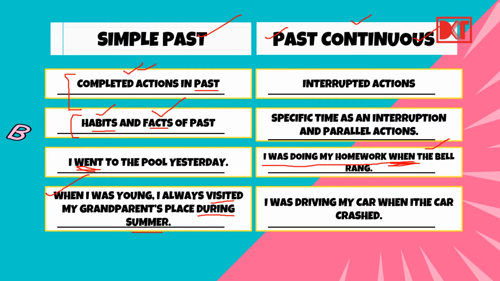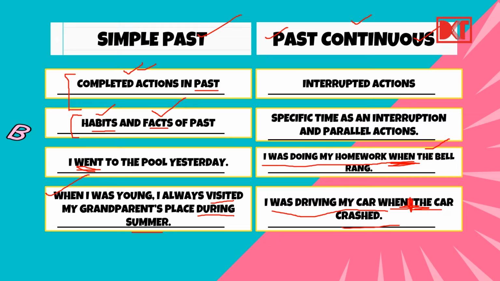कोई past का, right? Then the other one, I was driving my car when the car crashed. I was driving my car when the car crashed. So मैं अपनी कार ड्राइव कर रही थी. This is also past continuous. और फिर क्या हुआ? वो एक्शन इंटरप्ट हुआ, एक पैरेलल एक्शन हुआ, which is when the car crashed.